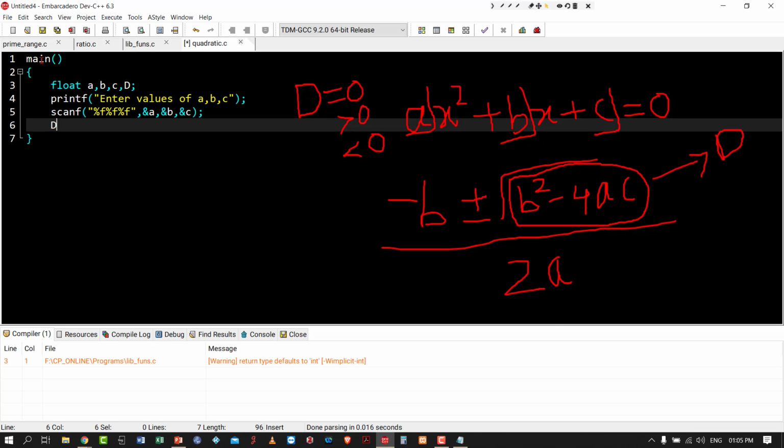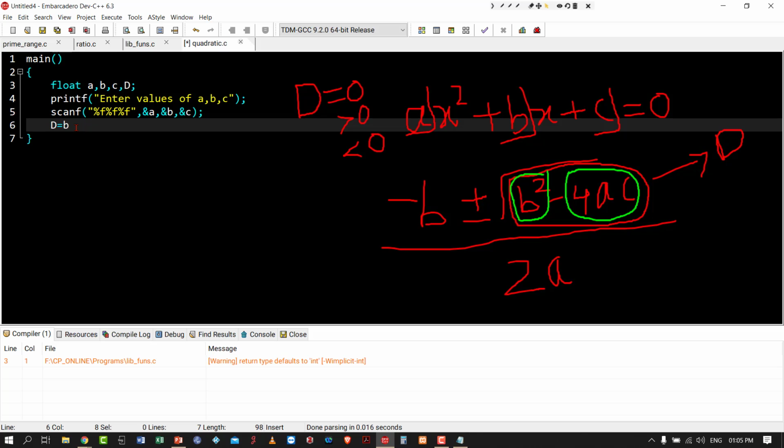D equal to. Listen carefully: B square is a single term, 4AC is a single term. How can I write B square?